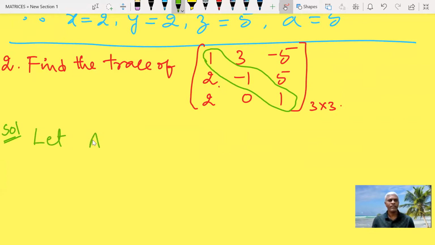Let the given matrix be A: 1 3 minus 5, 2 minus 1 5, and 2 0 1.